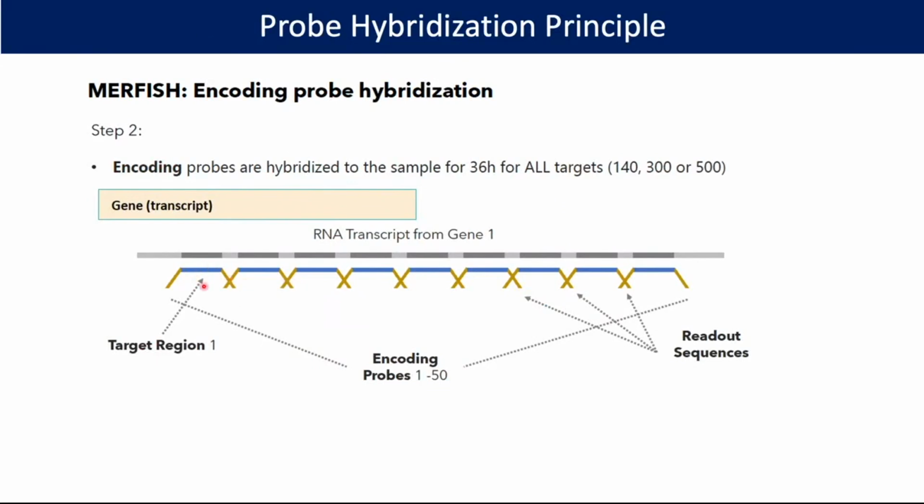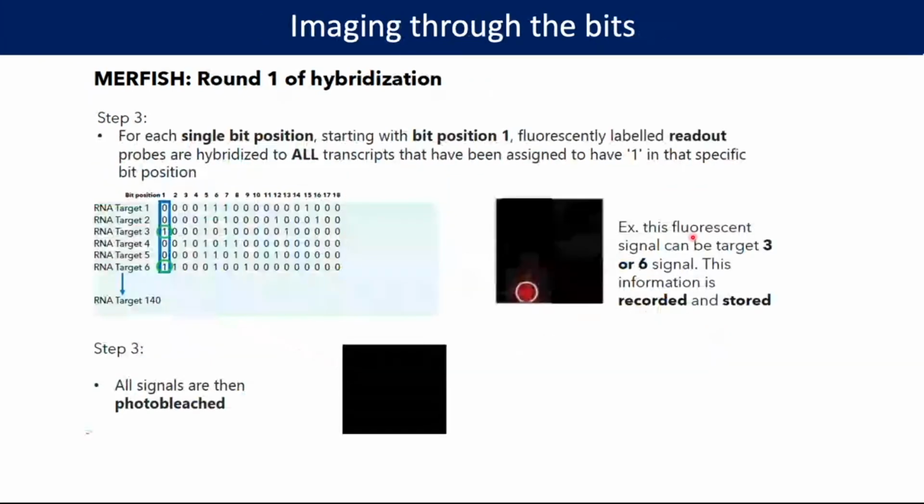There's not only one probe binding to the RNA target, but several probes, guaranteeing that the signal is actually strong enough, because these signals are not amplified. So you need several binding areas. And these can be, depending also on the abundance of the transcripts, 1 to 50 probes. And then at the moment, one can target 140, 300, or 500 different transcripts with this technology.